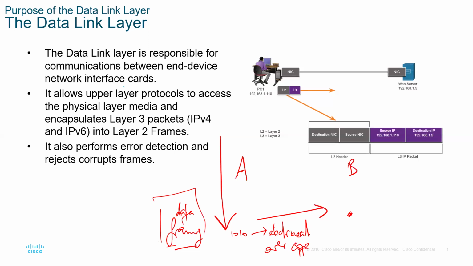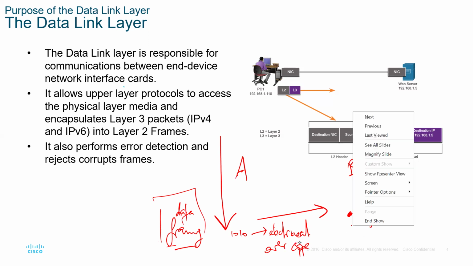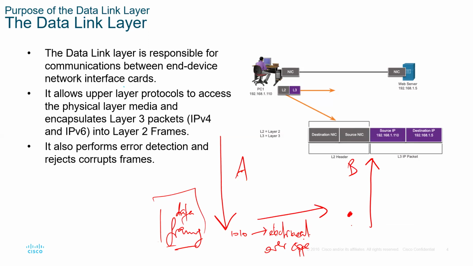When it gets to this point, what happens? We start going up the layers again. At this point, the electrical signal is converted to the bits again. Then the bits go up the layer. The headers and trailers are removed at the data link layer.